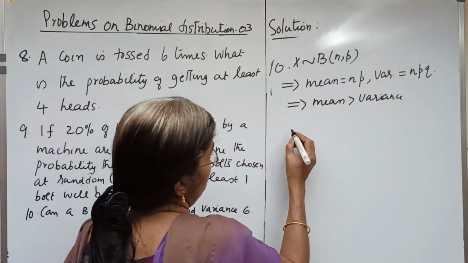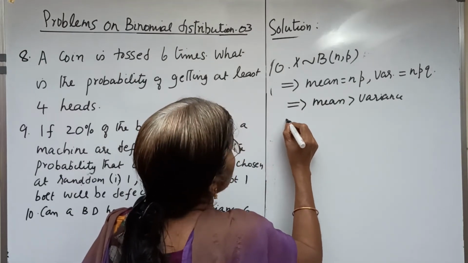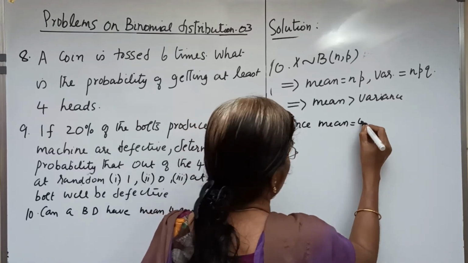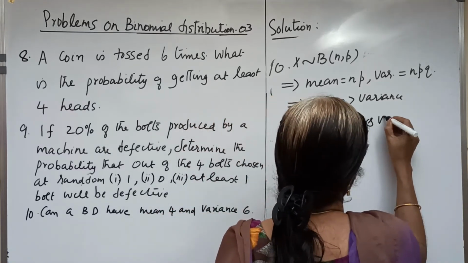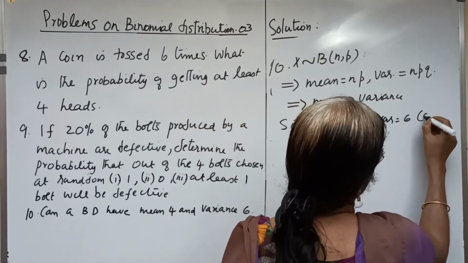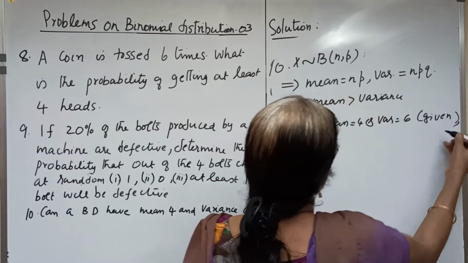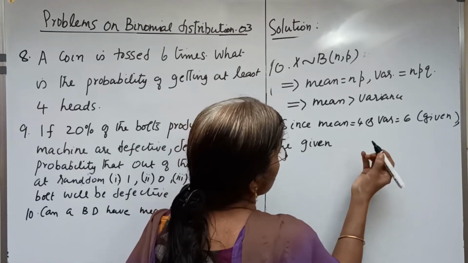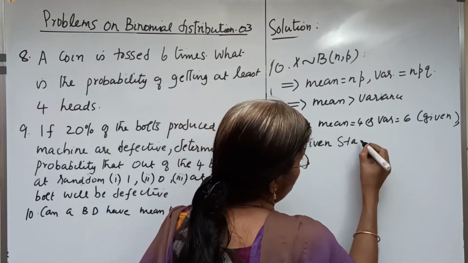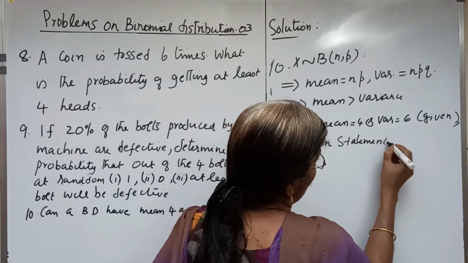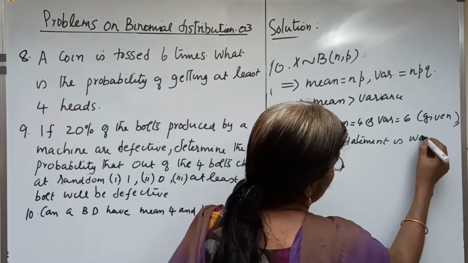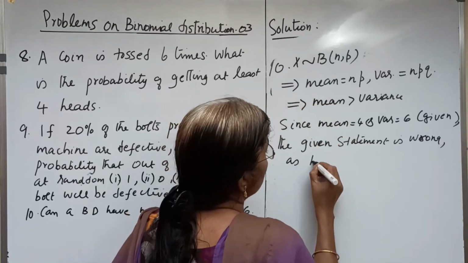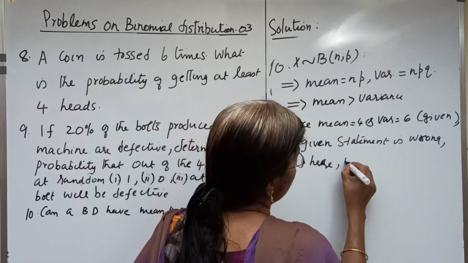So we write, since mean equal to 4 and variance is 6, as given, the given statement is wrong, since here mean is less than variance.